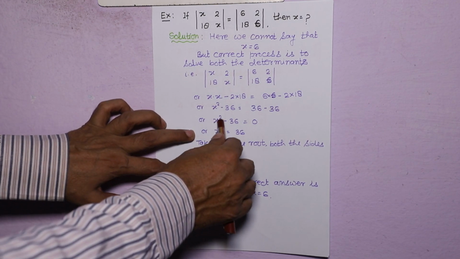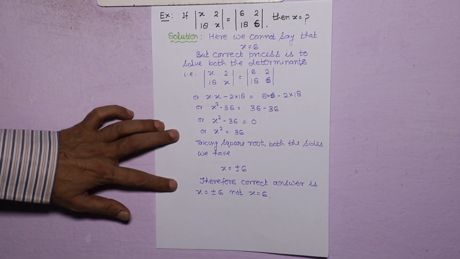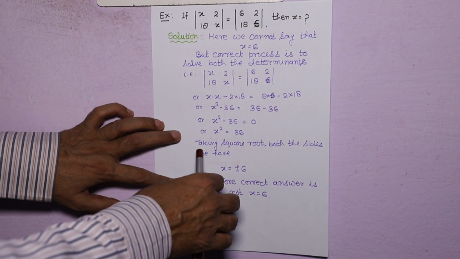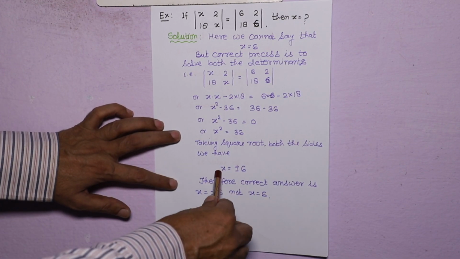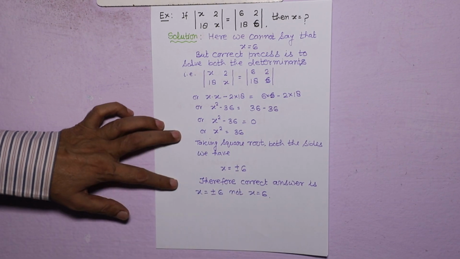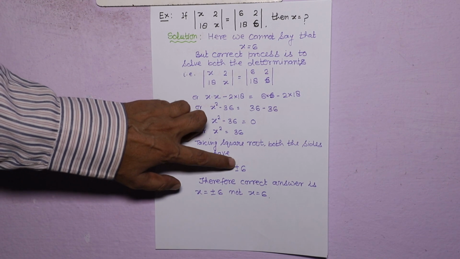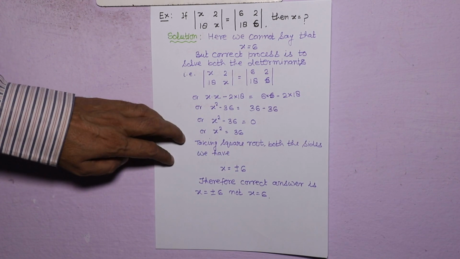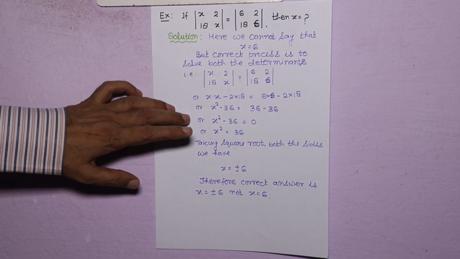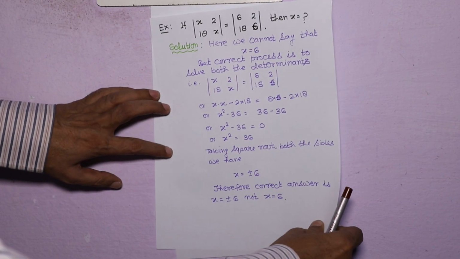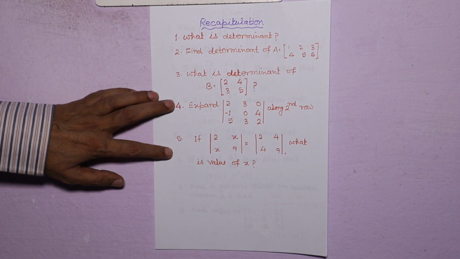We get x square minus 36 is 0, so x square equals 36. Taking the square root on both sides, we have x equal to plus minus 6. So what you see, the value is not just 6, the value is x equal to plus minus 6. If you write x equal to 6, that is a wrong answer. For the correct answer, it will be plus minus 6.